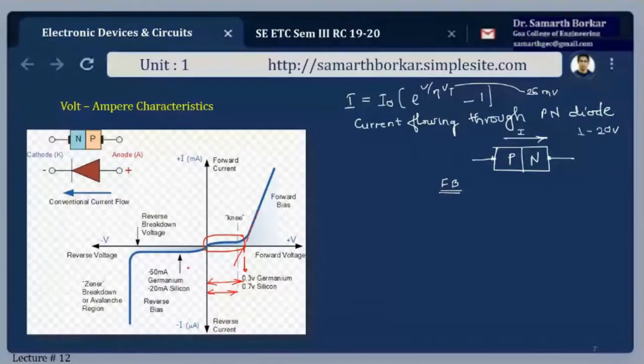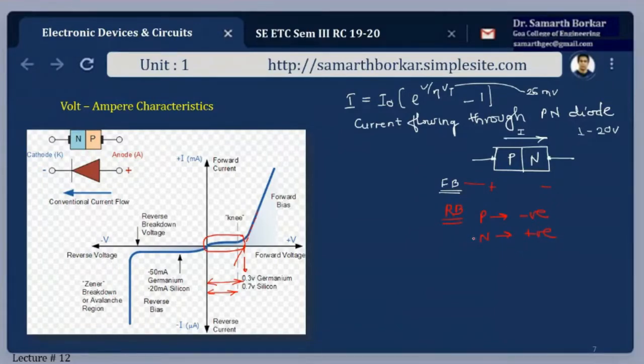When the diode is reverse biased, so forward bias, P is connected to positive, N is connected to negative, and in case of reverse bias, we have P connected to the negative end of the battery, N connected to the positive end of the battery.